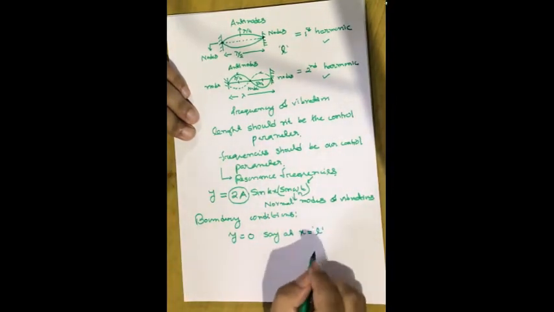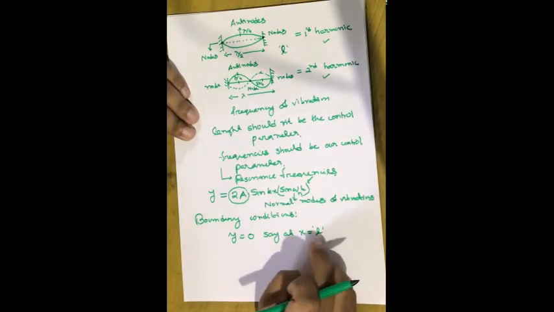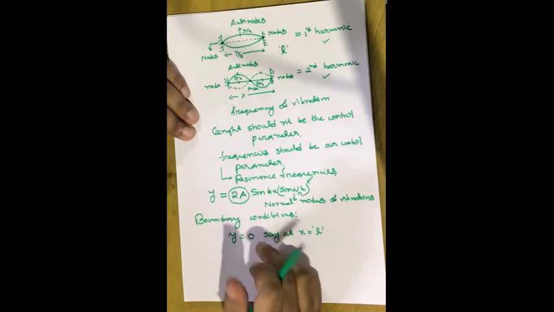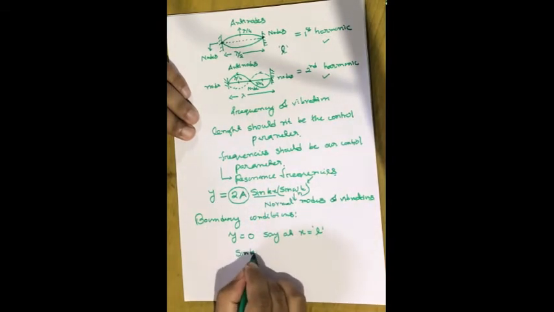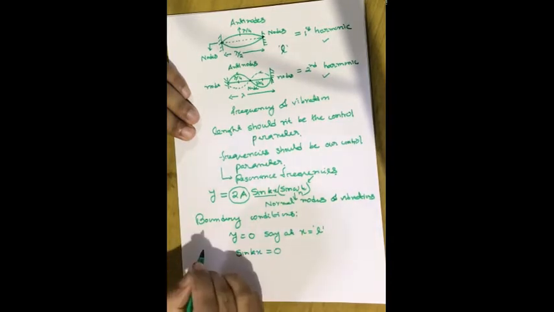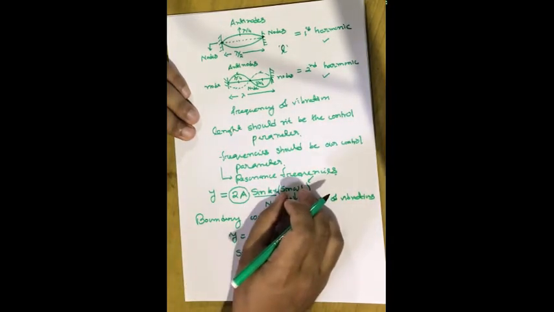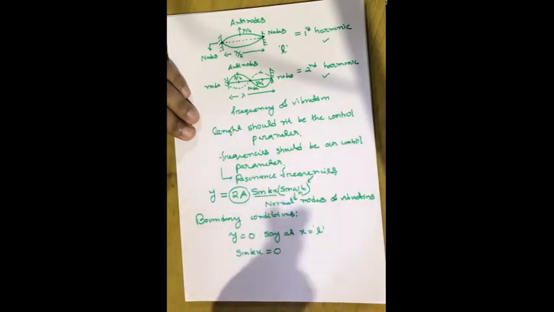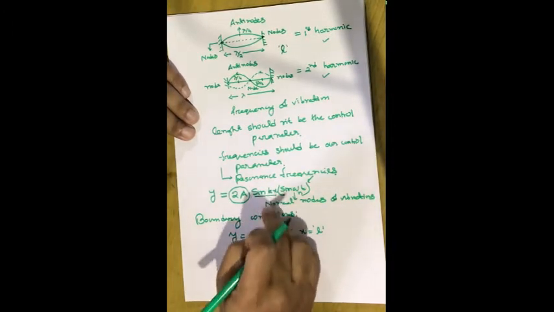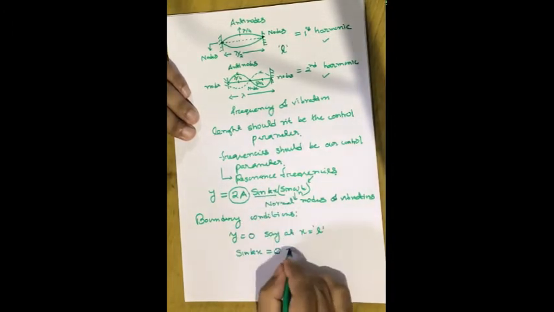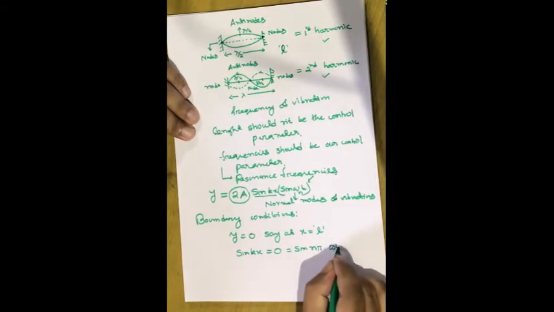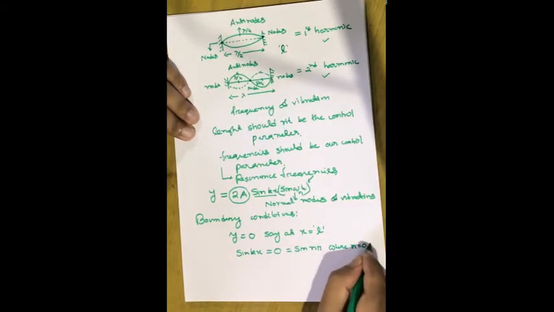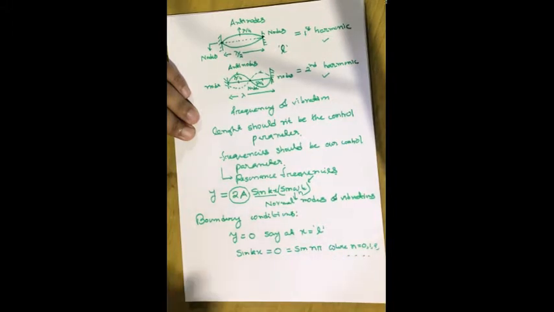Now we want to find out the frequency corresponding to this length. When y is equal to 0, that means this quantity sin kx will be equal to 0. The amplitude anyway cannot be 0, so this thing should be equal to 0. So this is sin kx equal to sin n pi, where n is equal to 0, 1, 2, and so on.